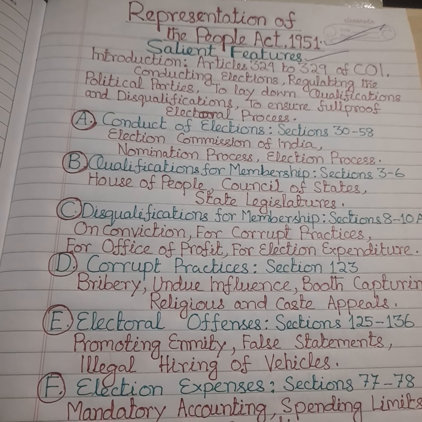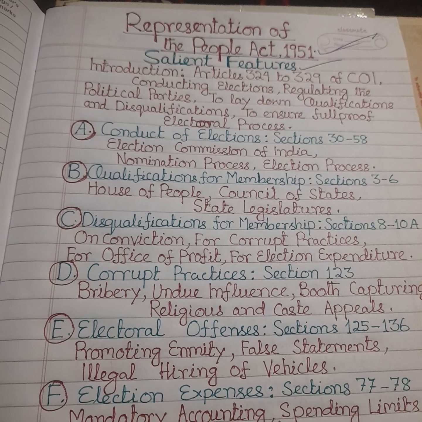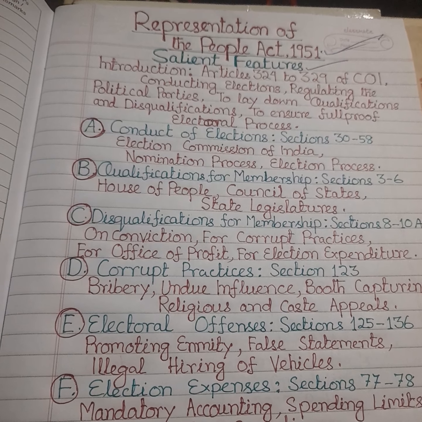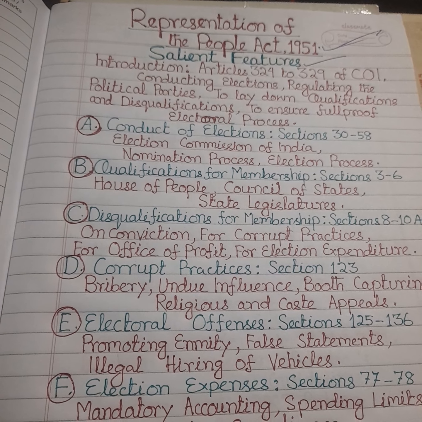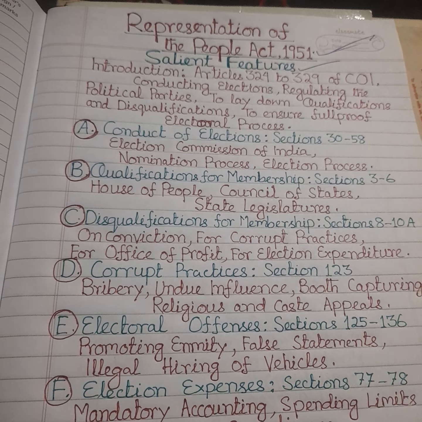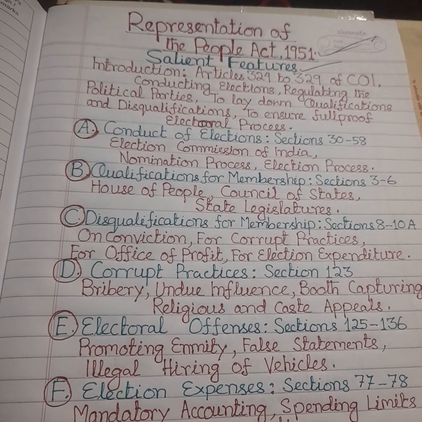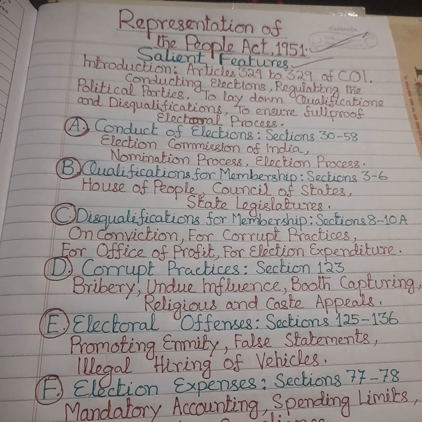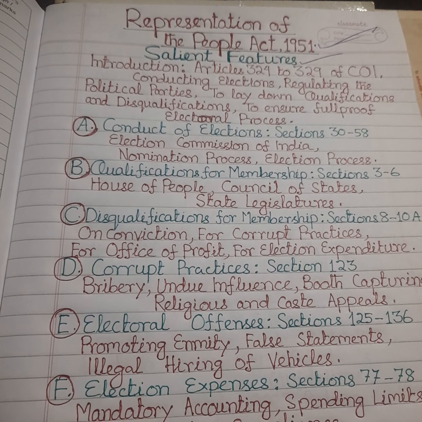And we find that in a democracy, representation is the key and fundamental factor. Whether it is a unitary or a federal constitution, a parliamentary or a presidential form of government, wherever we go, we find election and representation is the key factor of a vibrant democracy.